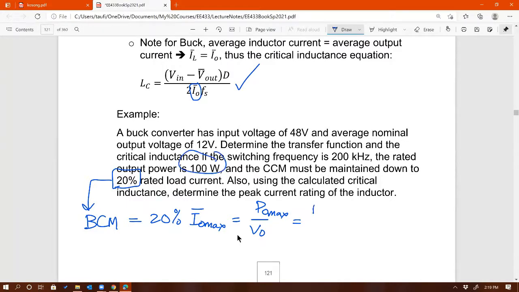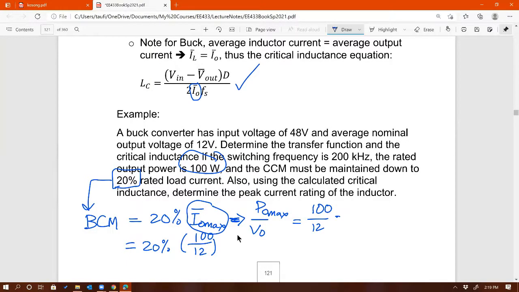So 100 watts divided by V out, which is 12. So 20% of this corresponds to 20% of 100 divided by 12. Just the I out max is equal to that, right?